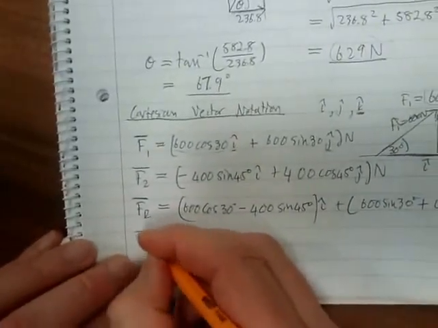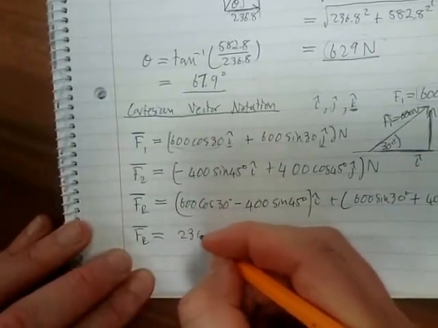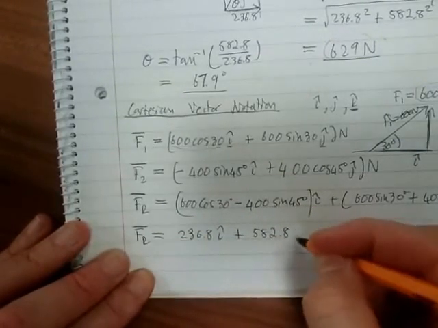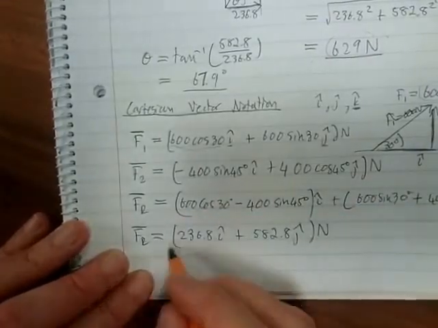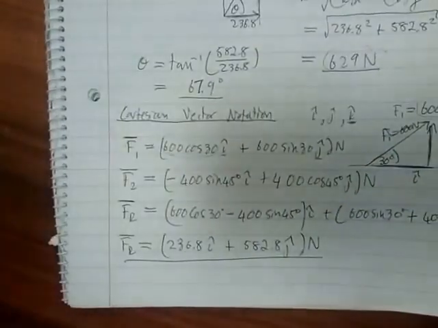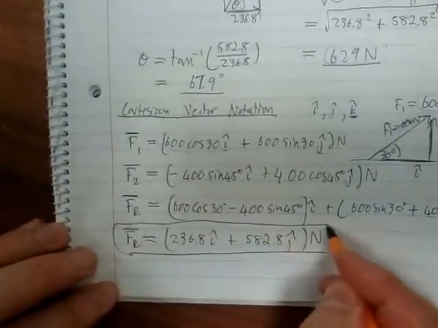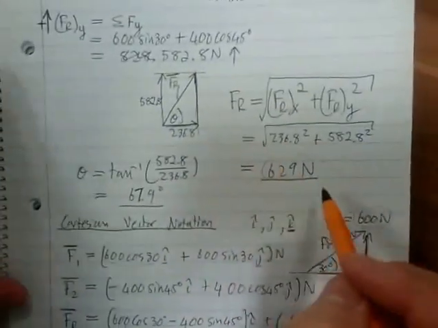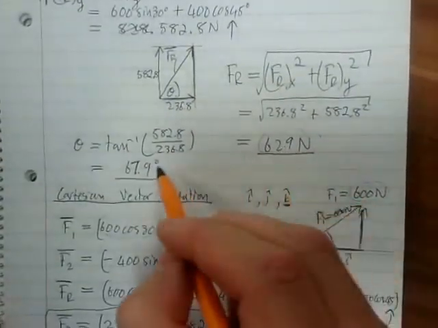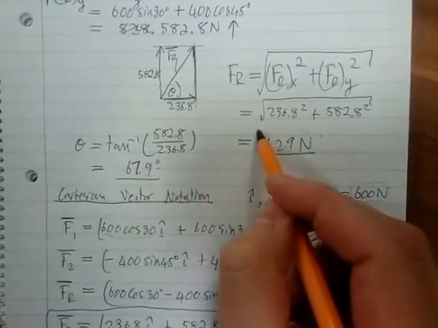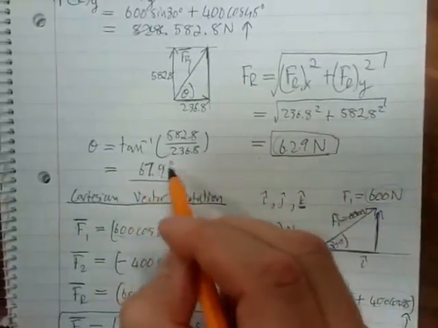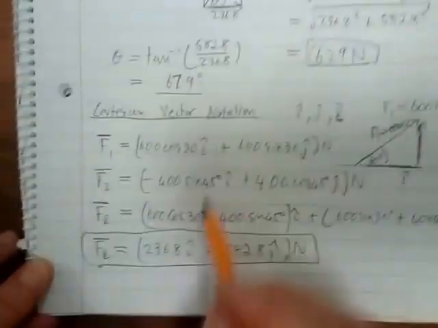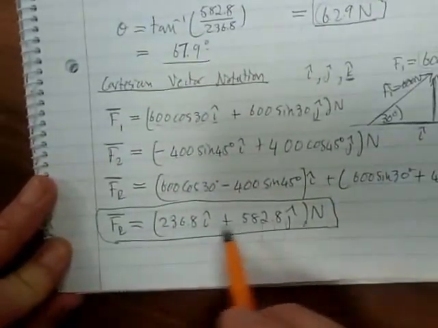And so my FR is then equal to 236,8 I plus 582,8 J Newton. This is to represent the resultant force in Cartesian vector form, and this is to represent the resultant force in scalar form. The magnitude is 629 and the angle is 67,9. This is scalar notation, and this is the resultant in Cartesian vector form.